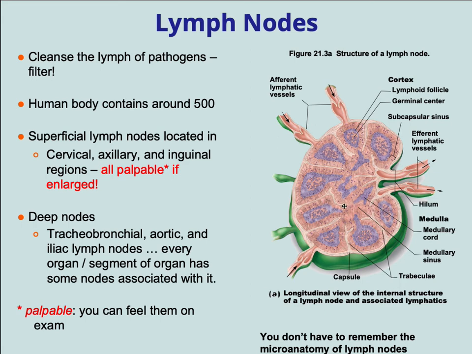Okay. And those I actually want you to be able to identify and recognize in an illustration. And those are the cervical lymph nodes, the axillary lymph nodes, and the inguinal lymph nodes. There are some deeper lymph nodes. I don't want you to worry about them.